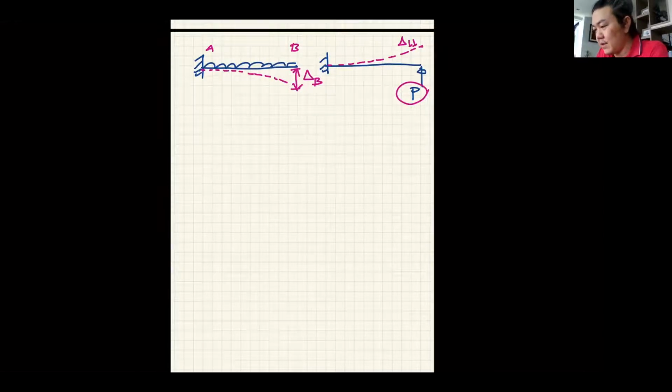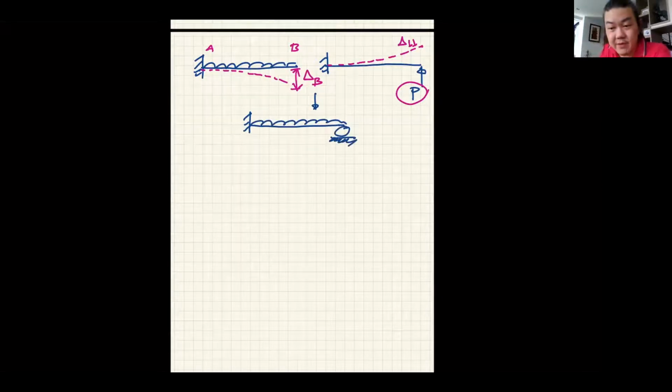And for this reason, I can rewrite the situation as this. We have a structure with a roller, because in a situation like this, the roller has a reaction, correct?